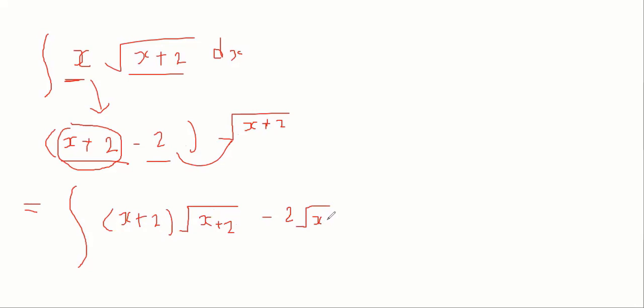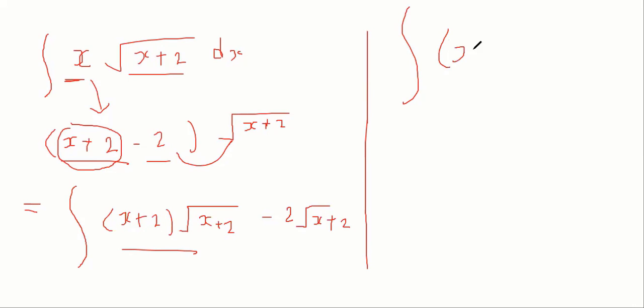Why does this become easy? Because everything I have is in the form of x plus 2, or cx plus d. I am still talking about the quotient only, not the integration. This is x plus 2 power 1 and x plus 2 power half, so x plus 2 power 1 and half, that is 3 by 2. So we have the function in the form of x plus 2 to the power 3 by 2 minus 2 times x plus 2 to the power half.